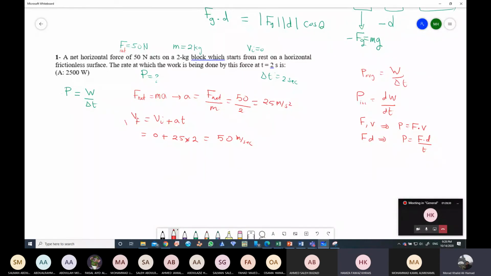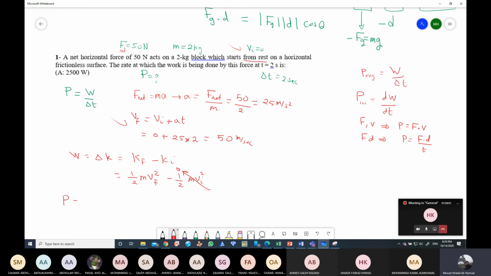Now I have the final velocity and I already have the initial velocity, so I can find the work. I say the work, delta K, is equal to K final minus K initial, which is half m v final squared minus half m v initial squared. Luckily this is equal to 0 because V initial is 0, from rest.